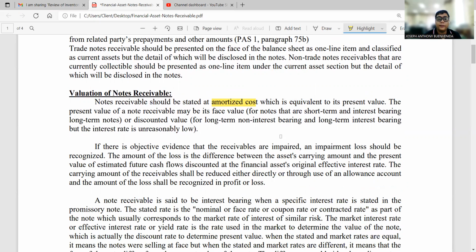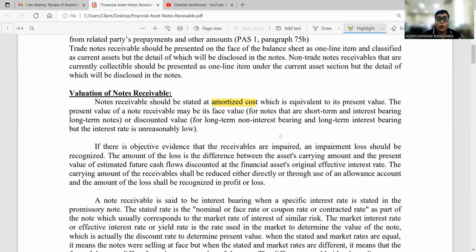If there is objective evidence that the receivables are impaired, an impairment loss should be recognized. The amount of loss is the difference between the carrying amount of the asset and the present value of estimated cash flows.